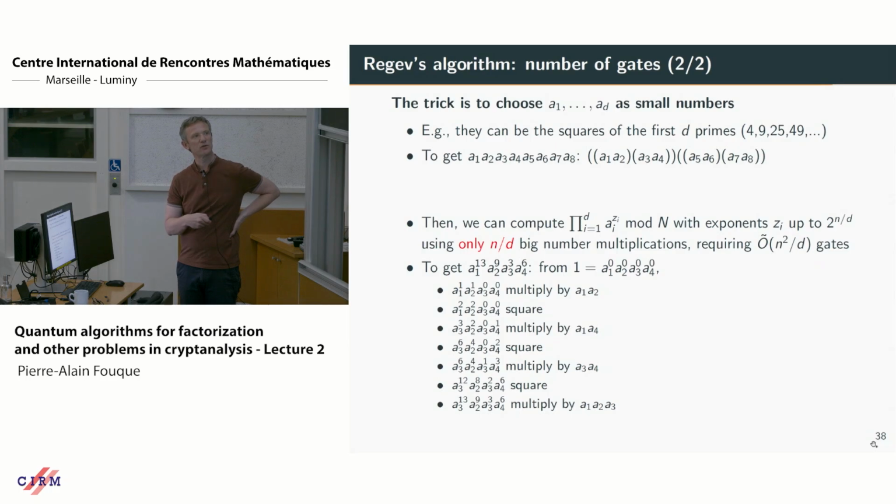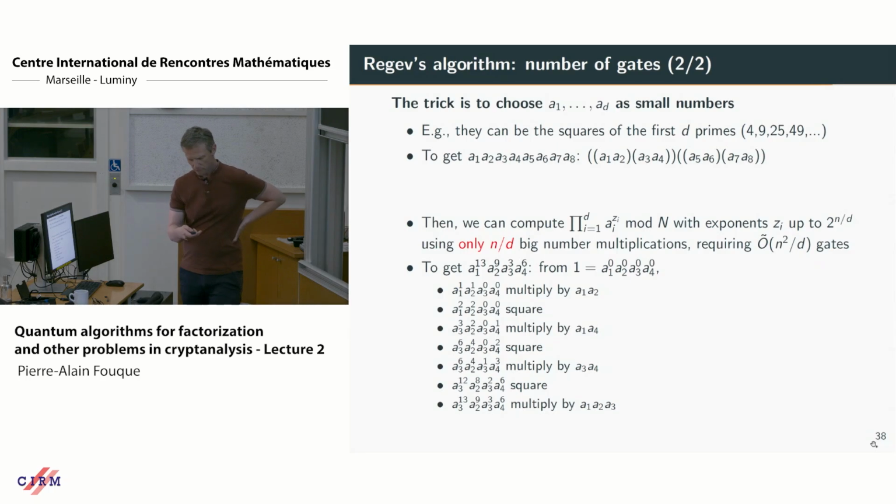I look at the third bit, and the third bit will be 0, 1, 1, 0 for this exponent. So I multiply by this value. So I have 1 here and 3 here. I compute a square again. And now I just multiply by this value for the last bit of all these values.